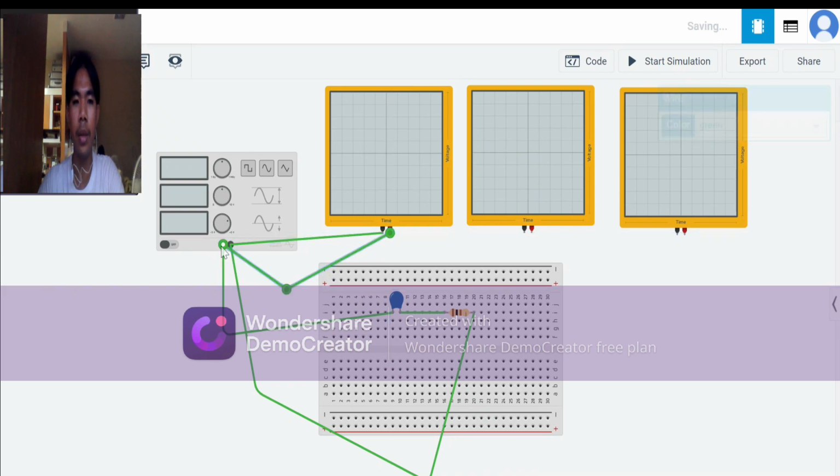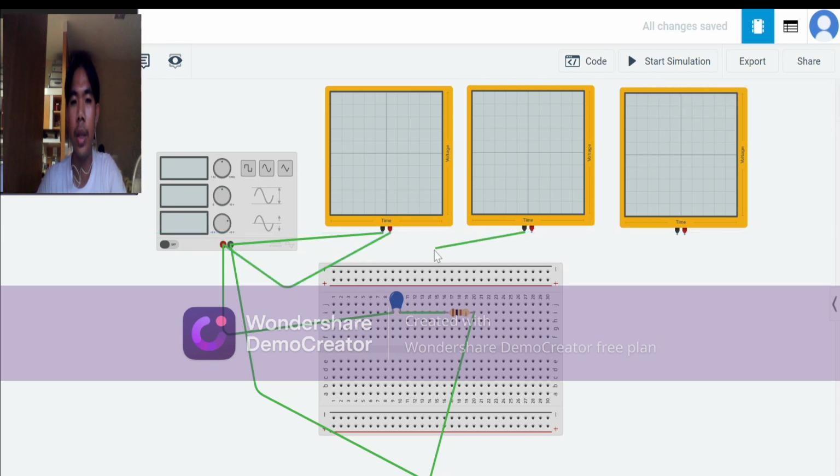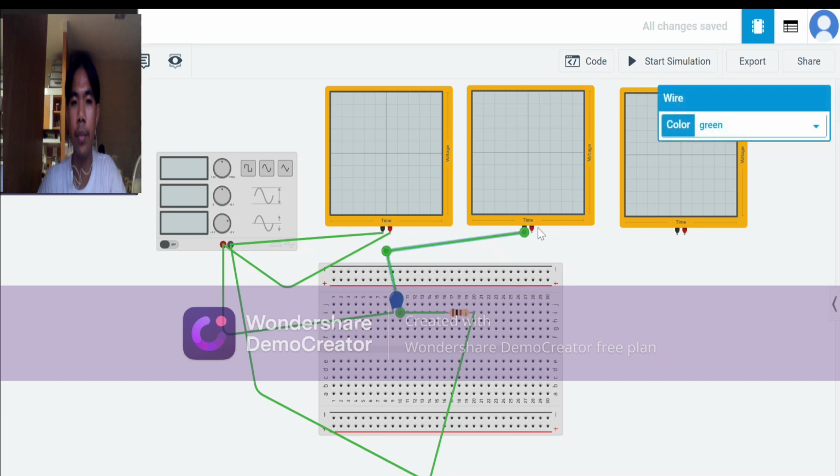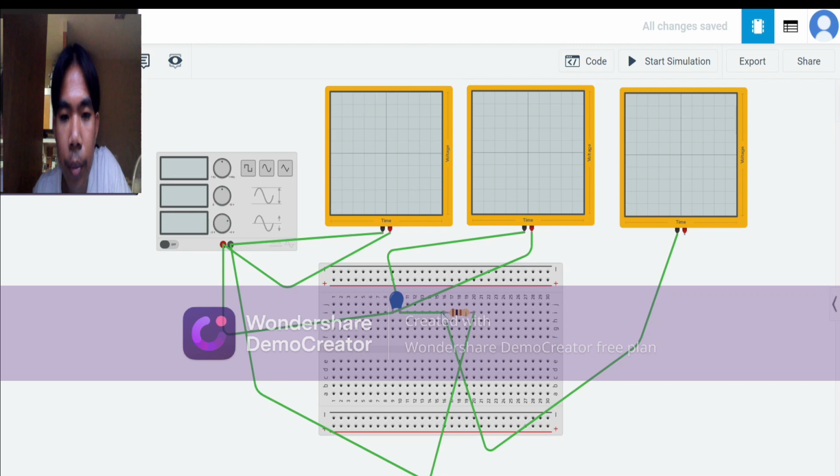We measure the voltage signal across the source, voltage signal across the capacitor, we connect like this, measure the voltage signal. I put it this way in order to be easy to recognize.